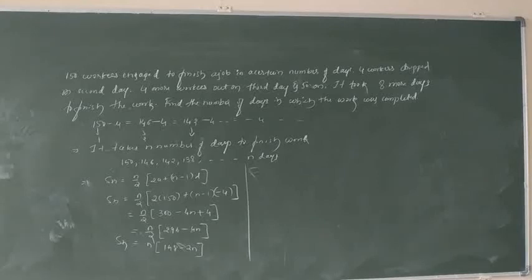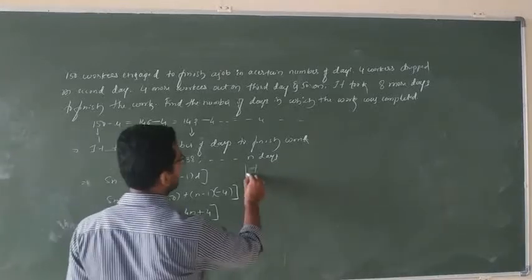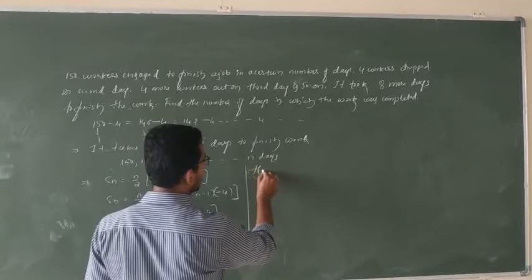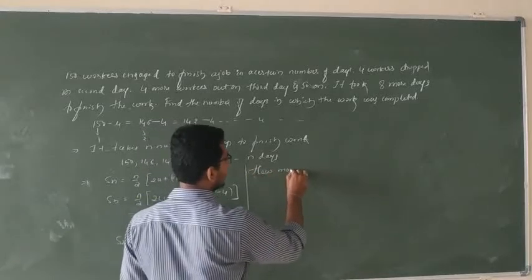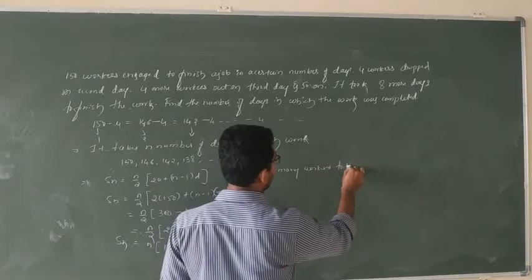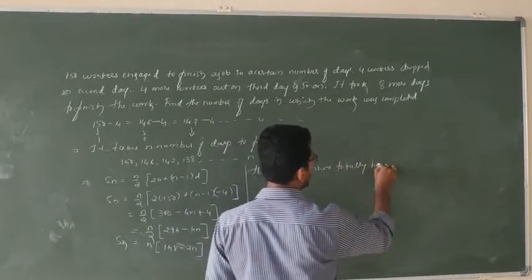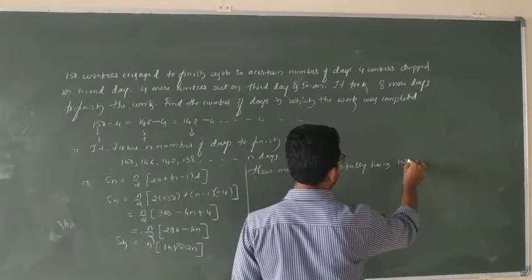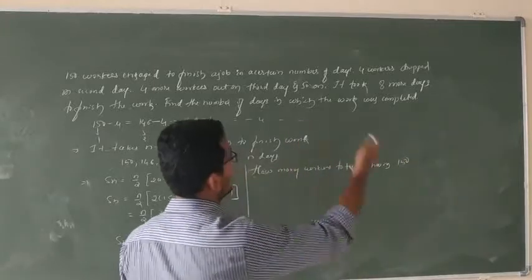Then what have they given? It took 8 more days to finish the work. So how many workers are we totally having? Totally having 150. So again it takes 8 more days.